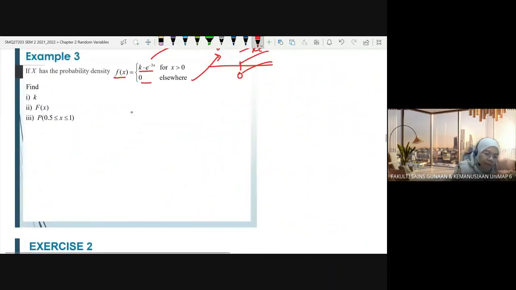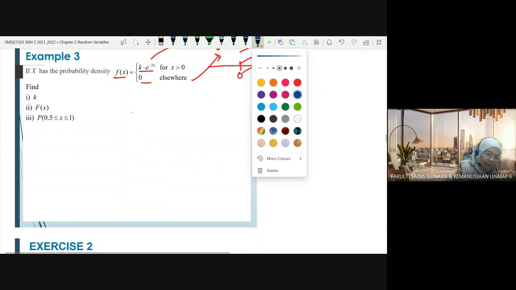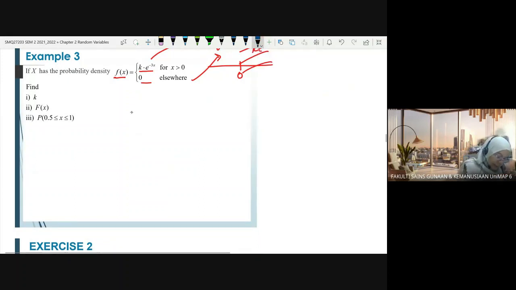So to find your k, you will integrate the given density function, k e to the power of negative 3x, with respect to x from 0. You are given only 0, but until what?